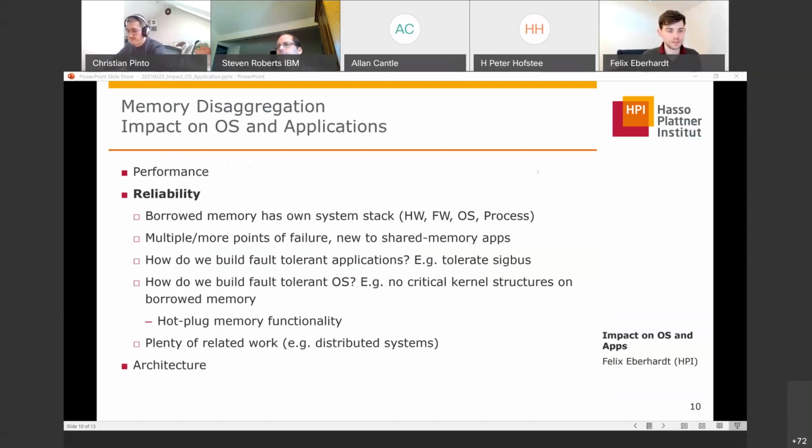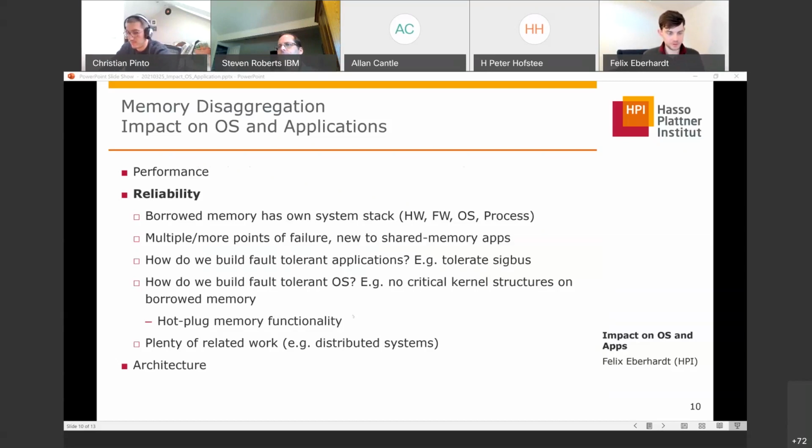And so on. The second part is how do we build a fault-tolerant operating system? If you have, for example, critical kernel data structures on the borrowed memory and it is not reachable anymore, not good. So perhaps for the operating system, we want to keep it locally.